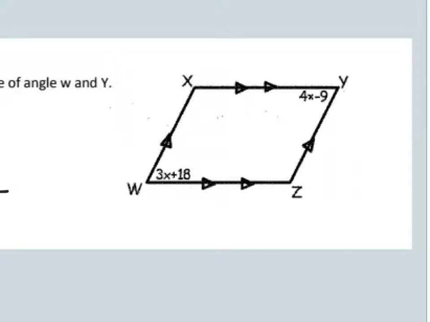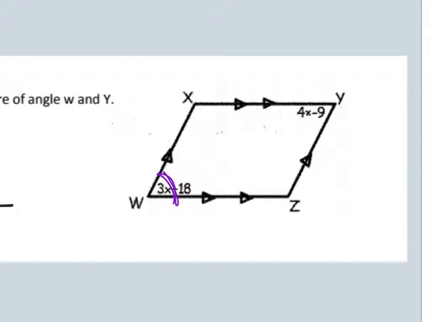When I plug in the number 27, I get that this angle measure is 99, which means the picture should be tilted to the left instead of tilted to the right. So we have some 99 degrees.